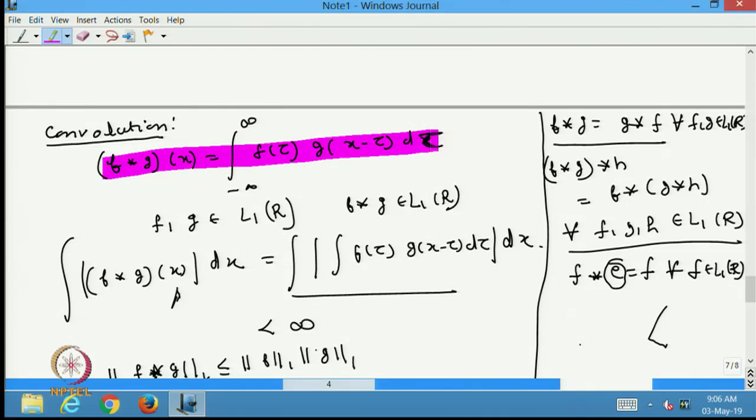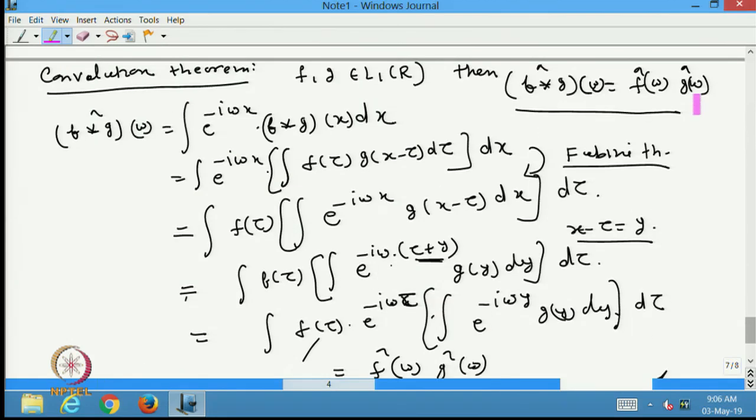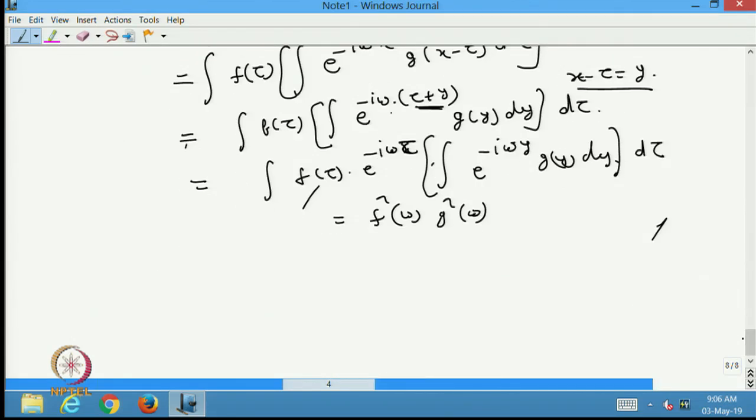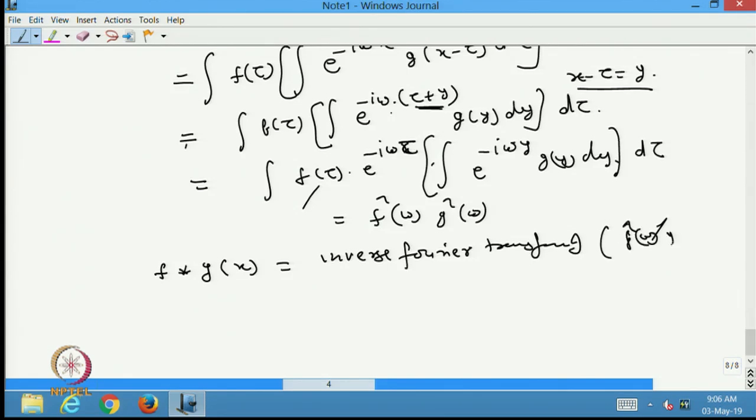But with the help of the convolution theorem, I can compute the convolution as the inverse Fourier transform of f hat of omega times g hat of omega.